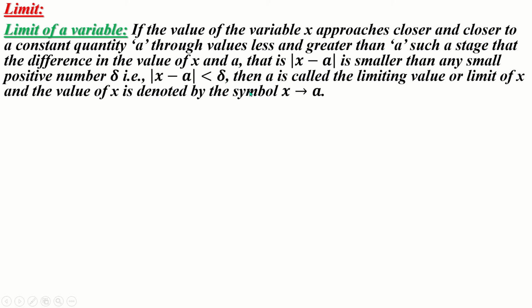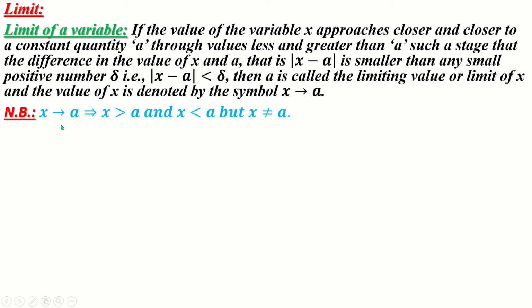Again I will explain the next definition, then you will easily understand the definition. Then a is called the limiting value or limit of x, and the value of x is denoted by the symbol x tends to a. X tends to a means x is nearer to a, not equal to a. Note that x tends to a means x greater than a and x less than a, but x not equal to a.